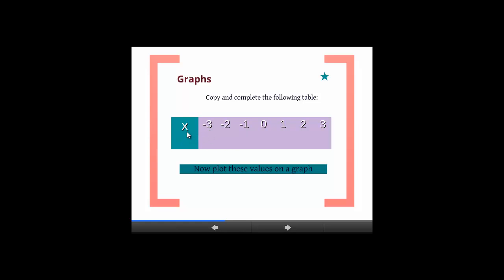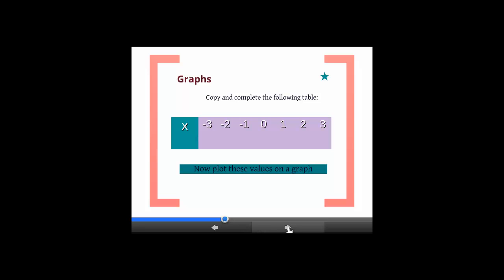So if y equals mod x, mod of minus 3 is 3, etc. Have a quick go at it. See if you can plot the graph. In the lesson I'll show you how to do these graphs on your calculator and how to solve modulus equations on your calculator. But for now, just try putting the values into the table and drawing out the graph.